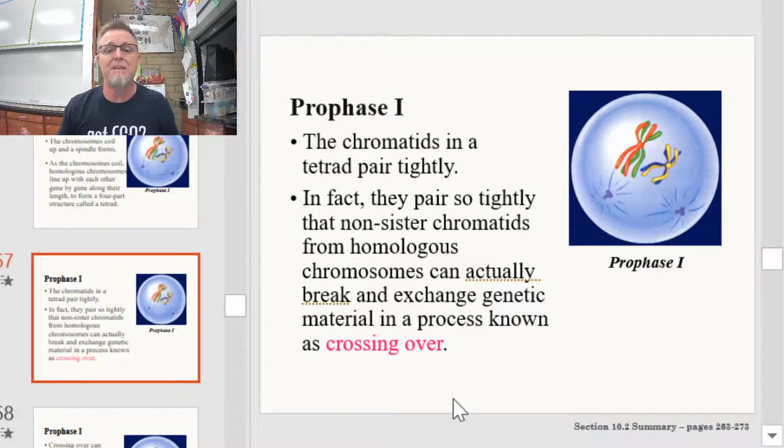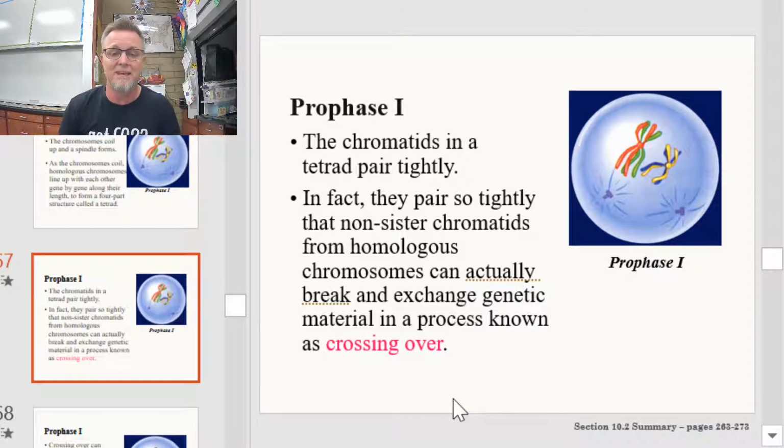Well, what happens if a kid is born with brown hair and blue eyes? Neither parent has that combination. How did it happen? That crossing over. A gene can move from one sister chromatid to another and create a new combination of traits that mom and dad didn't have.